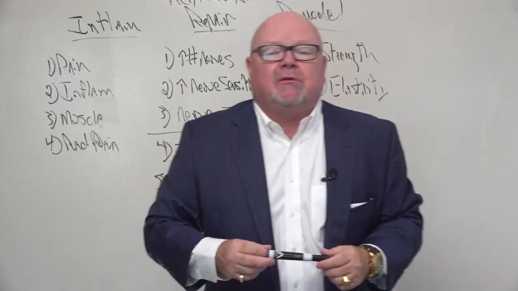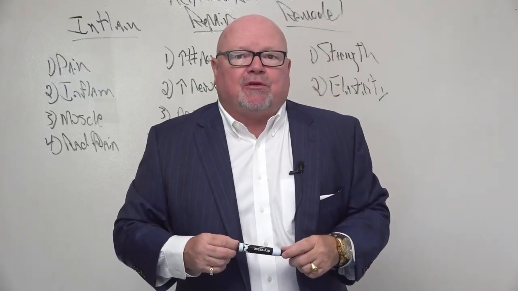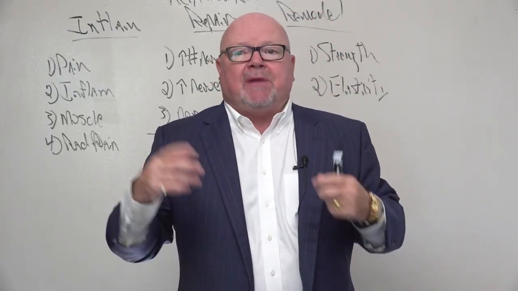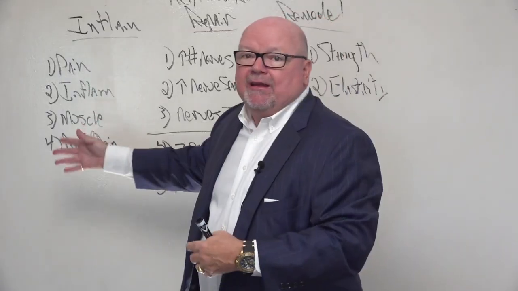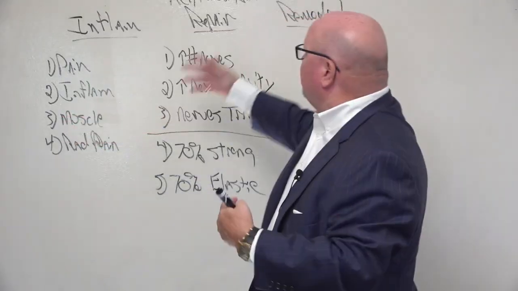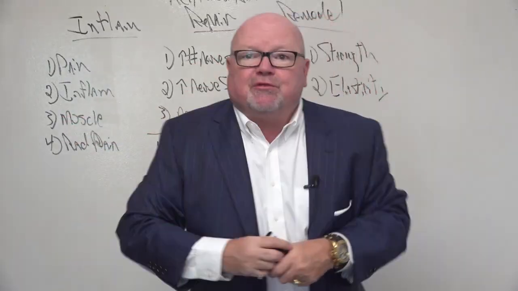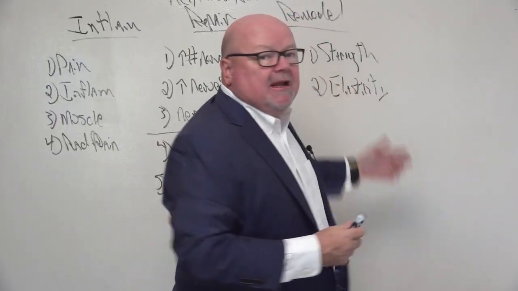So hopefully that was beneficial to help explain exactly what we're doing and why we're doing it. And then we may use other modalities along the way to help with the pain or inflammation, or to help with the active, passive, or joint motion, or to help with the strength and elasticity.